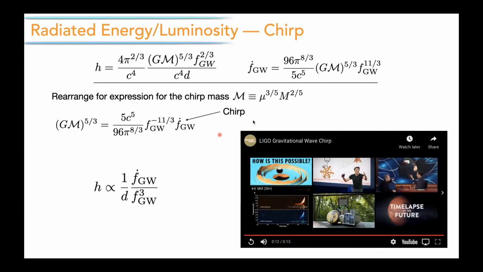And I wanted to rearrange this one more time. You can plug that in and write the strain then, just in terms of a distance, the frequency and the frequency derivative. And I think this is interesting because, maybe we'll get to this later, Johan was mentioning you can measure a distance from gravitational waves. So you can do that by measuring the strain, the amplitude of the wave from our detectors, and measuring this f dot and this f.